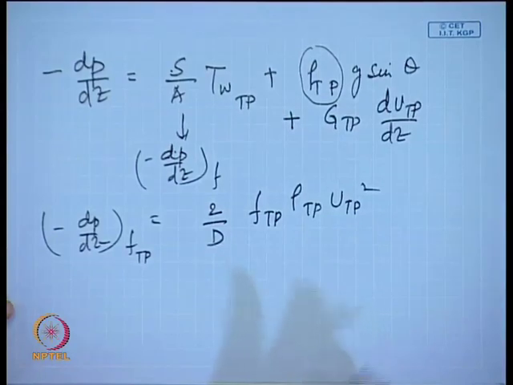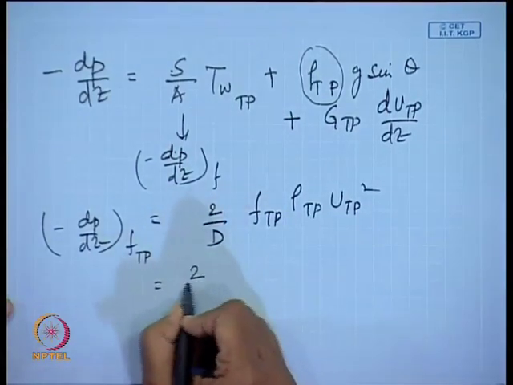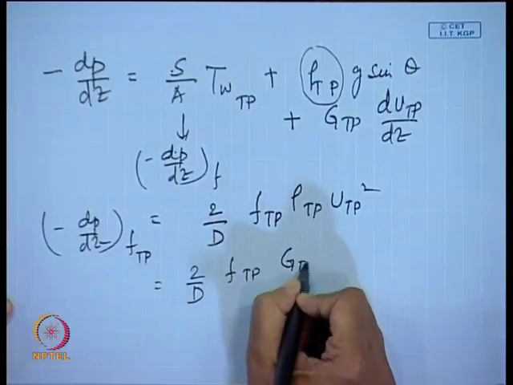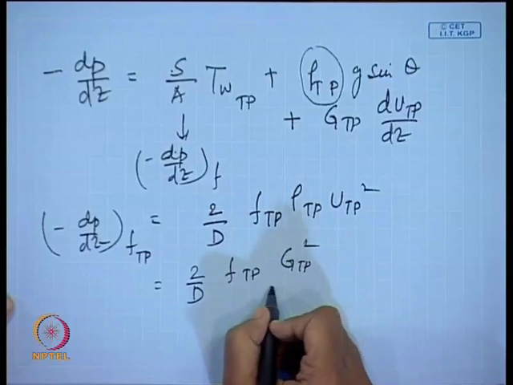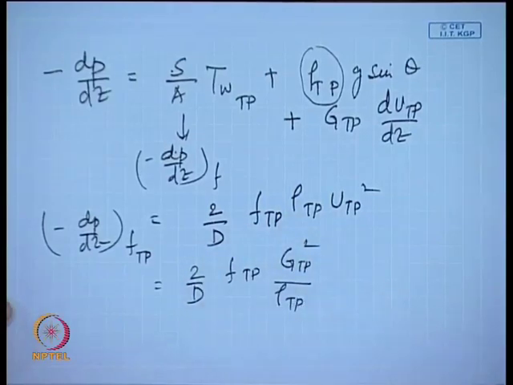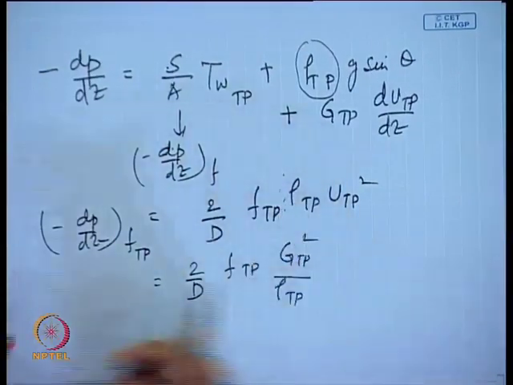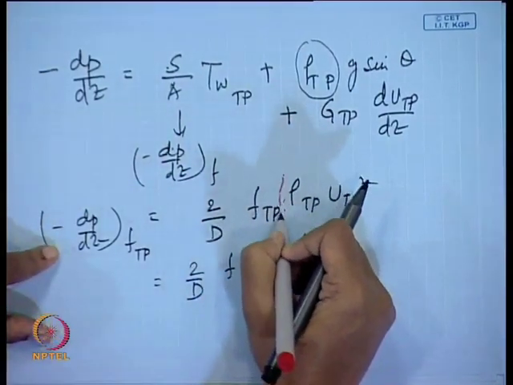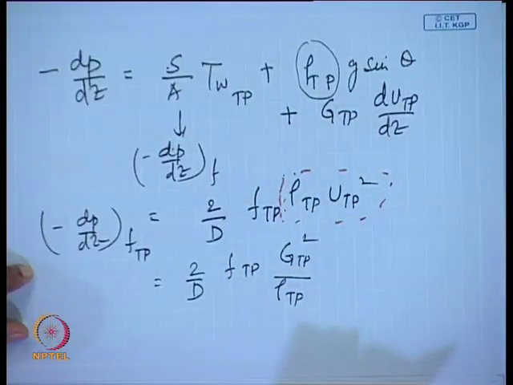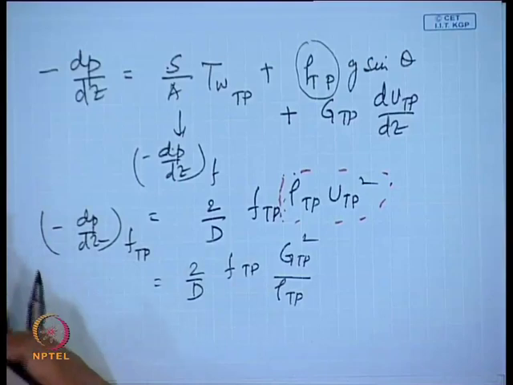Or in other words, this can be written down as 2 f TP times G square by rho. Can we write it down in this particular term? We are replacing this with G square by rho TP.